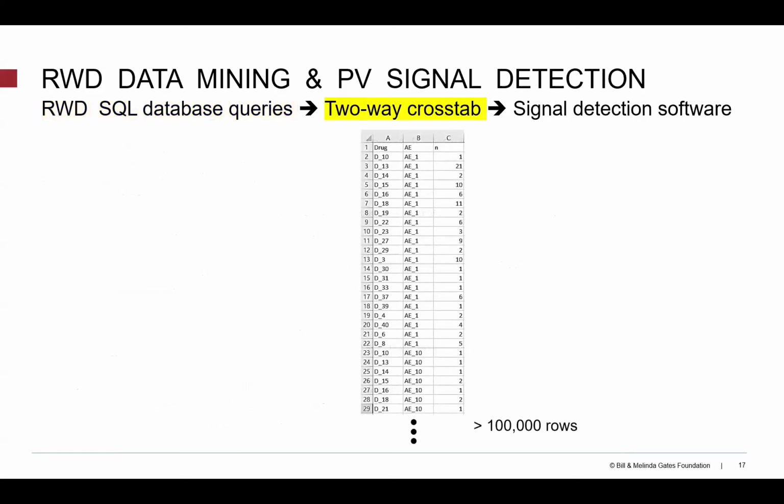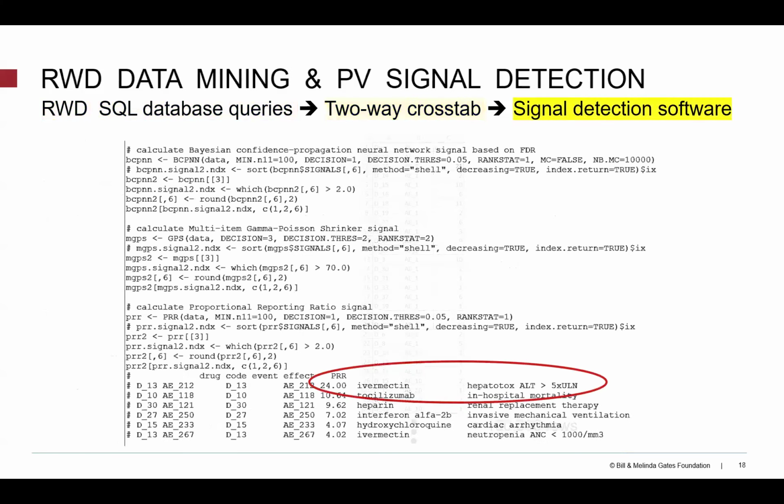So you retrieve the data that your SQL queries generate and get your cross tabulation with counts N for each of the drug adverse event pairs. This table can be huge, hundreds of thousands of rows typically. And then you run your pharmacovigilance software. The code that's shown on the screen is a simple example of that.